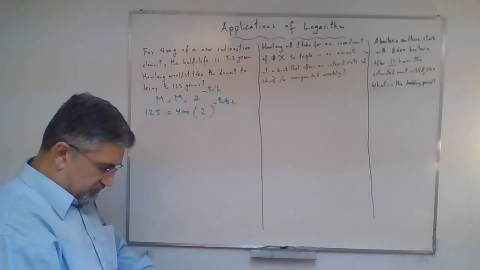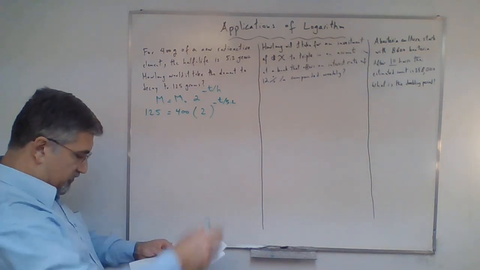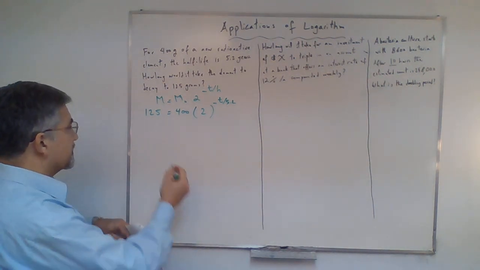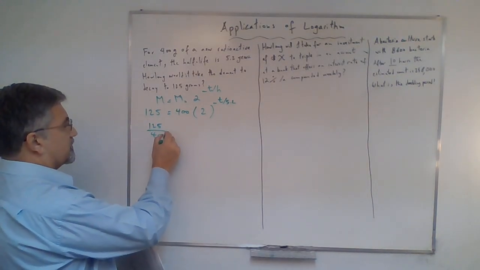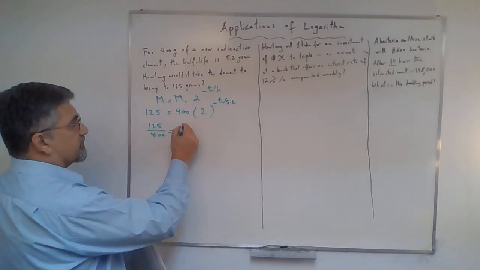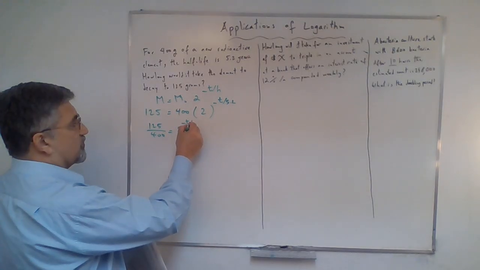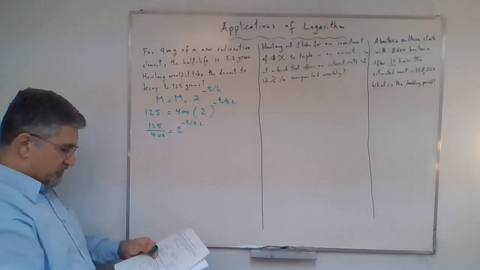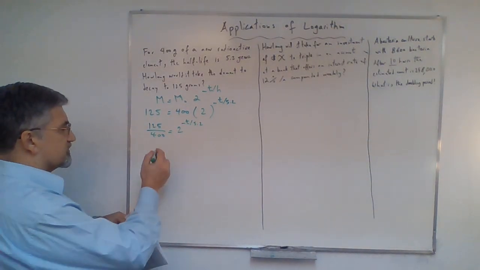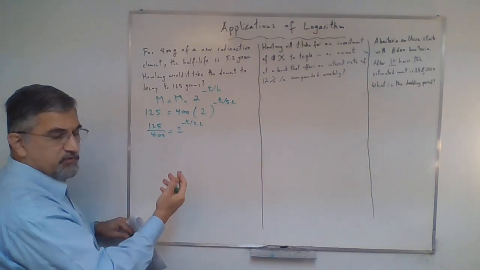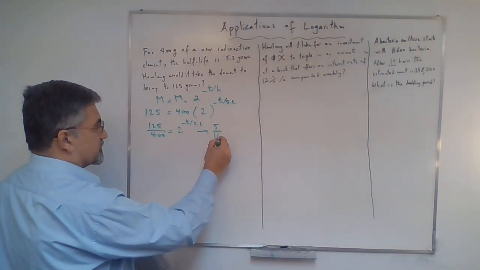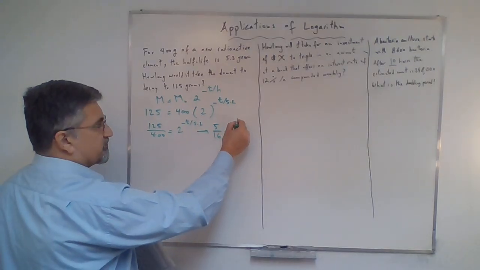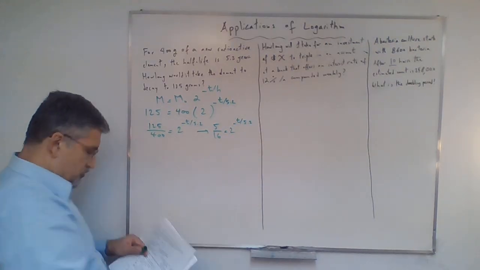Perhaps dividing both sides by 400 is a good idea. And we end up with 125 over 400 equals 2 to the exponent of negative t over 5.2. Reducing the fraction will give us 5 over 16 because top and bottom are both divisible by 25, logically speaking. So 5 over 16 equals 2 to the exponent of negative t over 5.2.